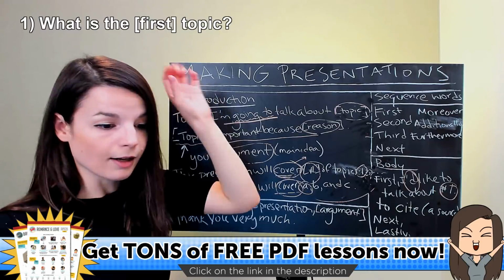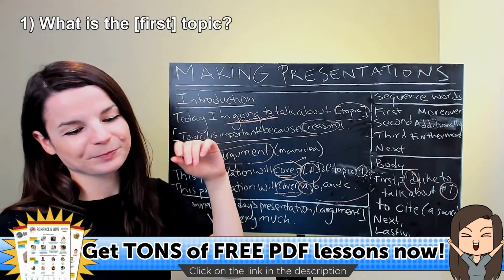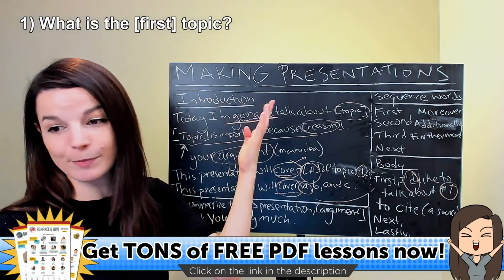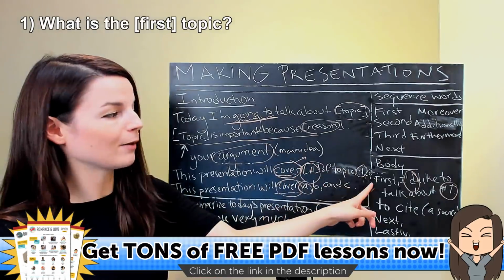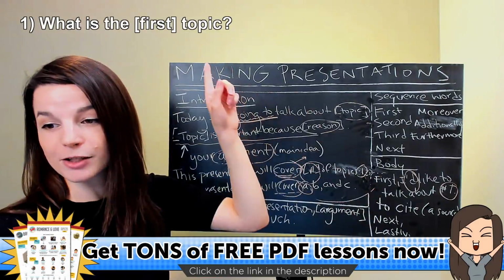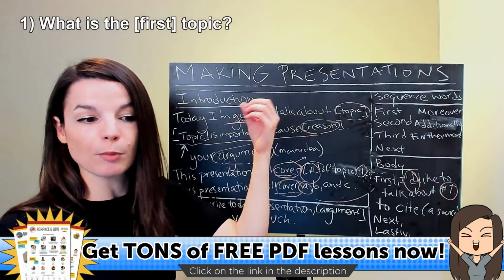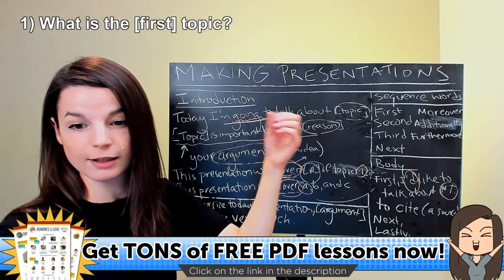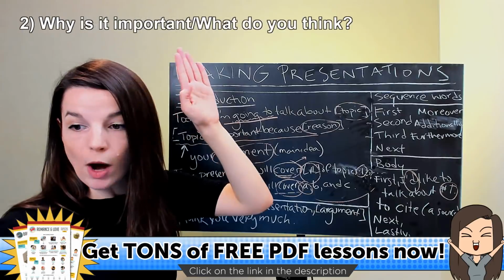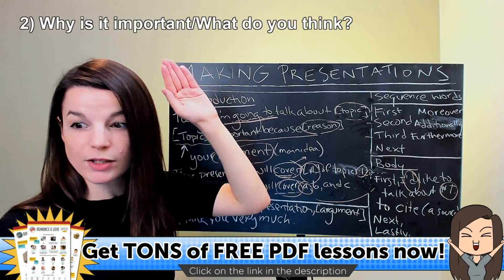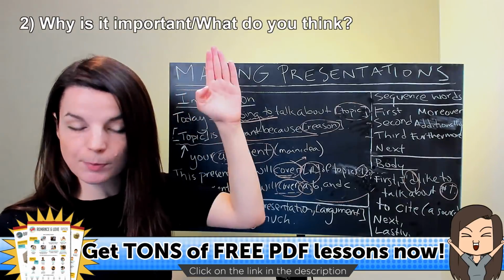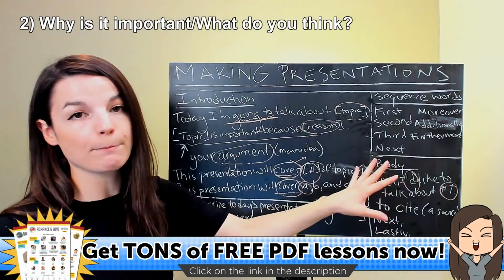First, I'd like to talk about something. This is the pattern you can use to answer this. The second question for your body information is, why is it important, and what do you think? This is the part where you share your opinion.